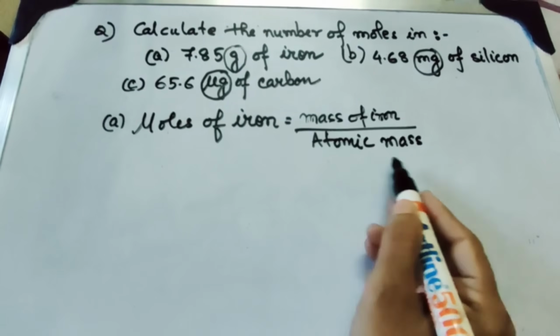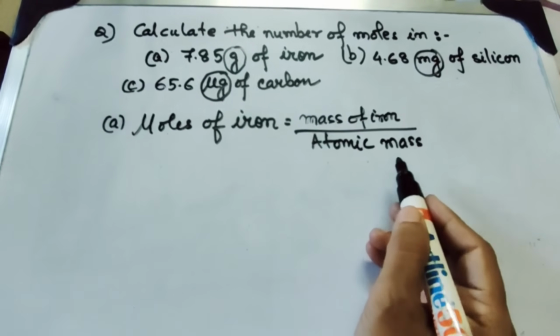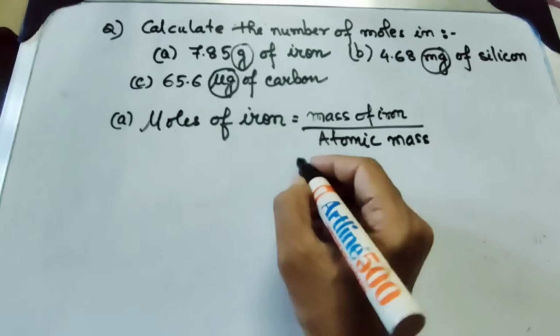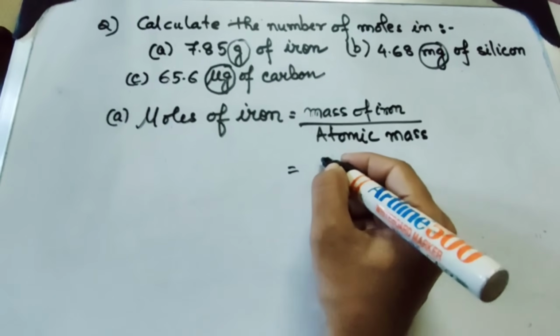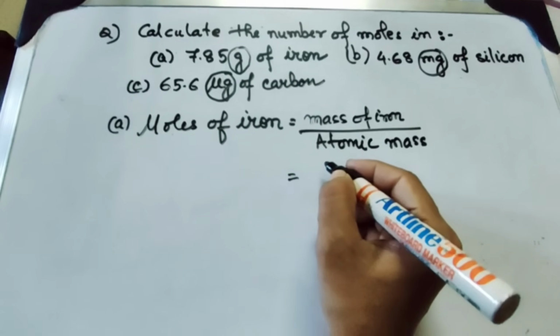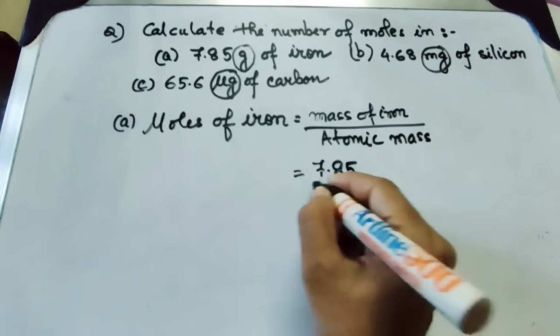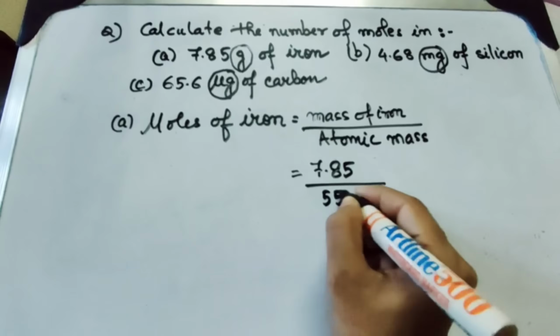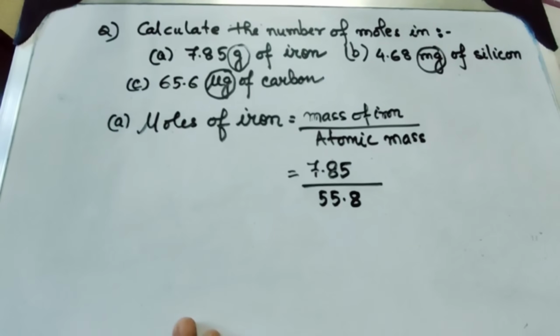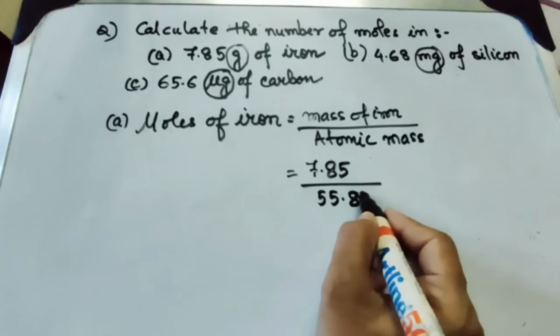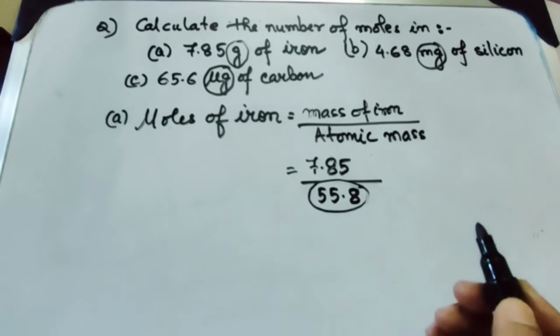Why? Because the atomic mass of iron, you can consider exactly 55.8, or you can take it 56 also during your exam if you think so. So 7.85 is the mass of iron divided by, say, 55.8, the exact one I am taking. So this 55.8 is the atomic mass of iron.